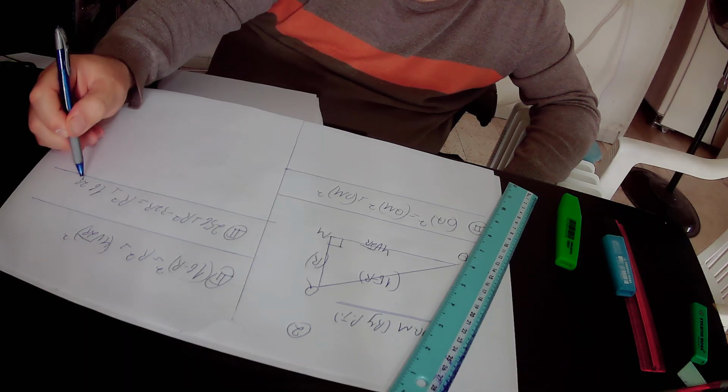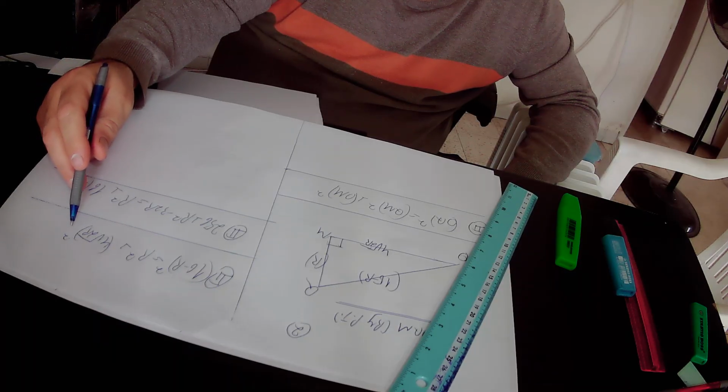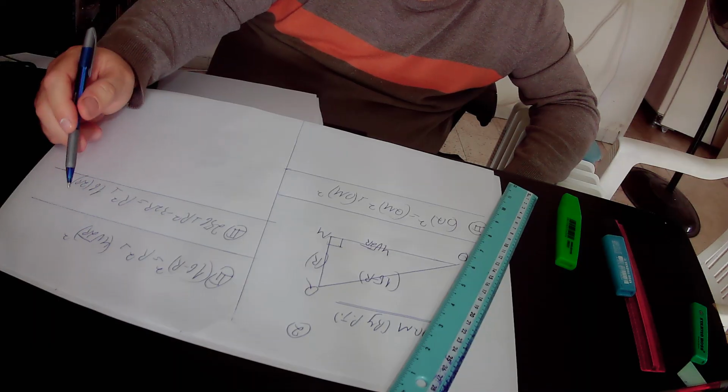Why? Because the power cancels the root, and we are left only with 2R.